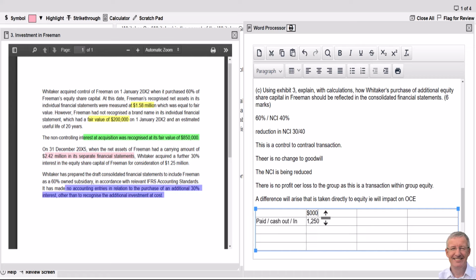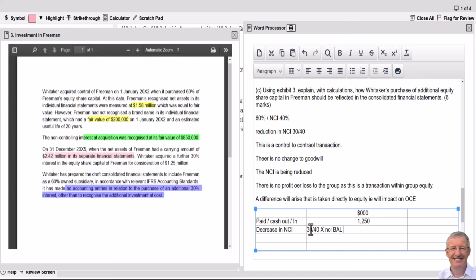I just want a little bit of workings there. We then have a change in the non-controlling interest. We know there's a decrease in the NCI, and the decrease in the NCI is going to be 30/40ths of the NCI balance at the year end.